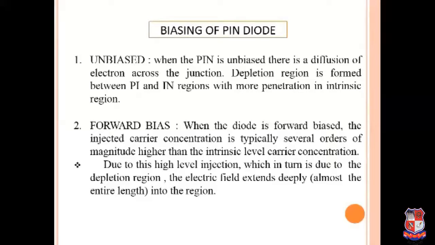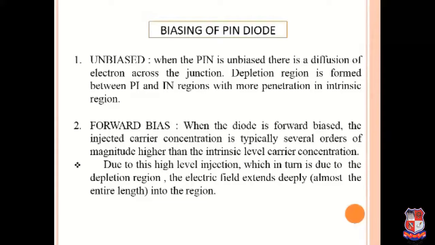When the PIN diode is unbiased, there is a diffusion of electrons across the junction. A depletion region is formed between the P and I regions and the I and N regions, with more penetration in the intrinsic region. When the diode is forward biased, the injected carrier concentration is typically several orders of magnitude higher than the intrinsic level concentration.